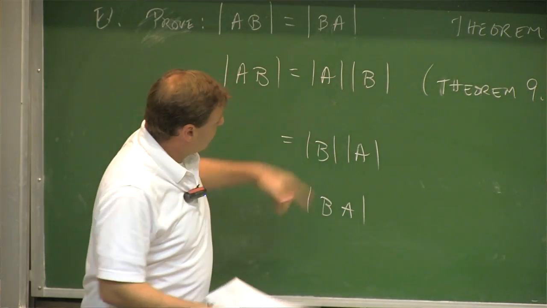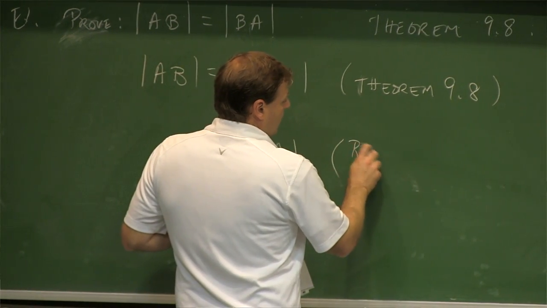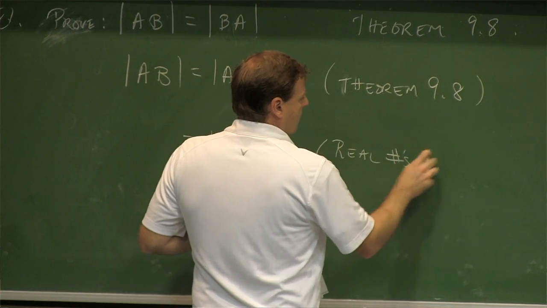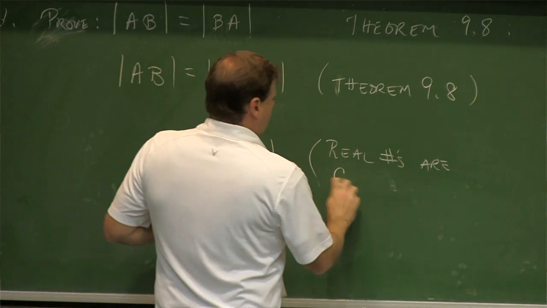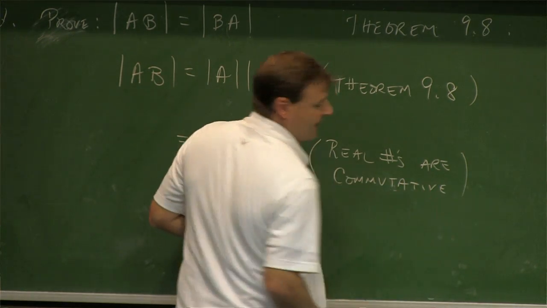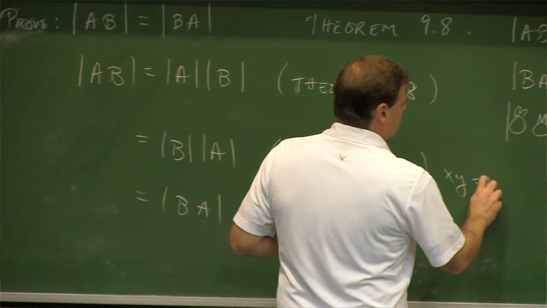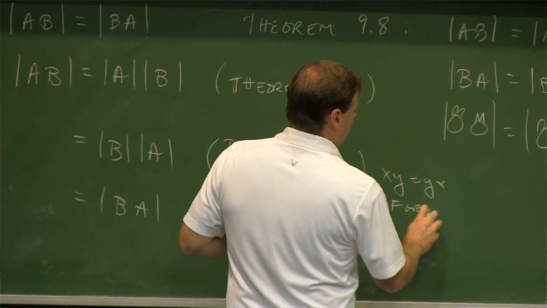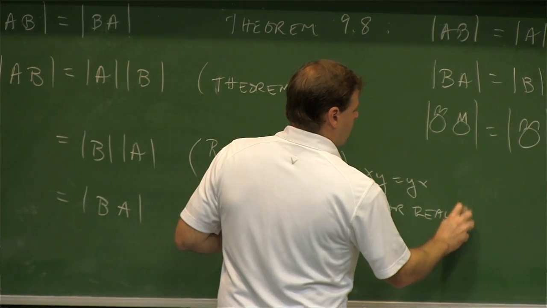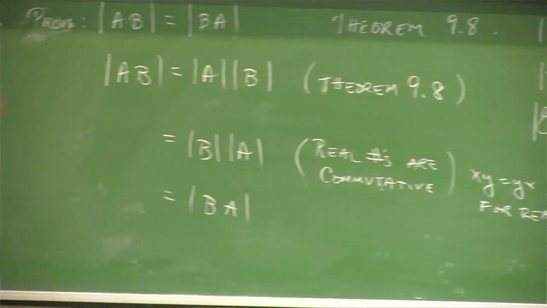So that is justified, and the way I justify that is you could say real numbers are commutative. That's kind of fancy language, but you could even just say xy equals yx for real numbers. That's how you justify the switching of the order.